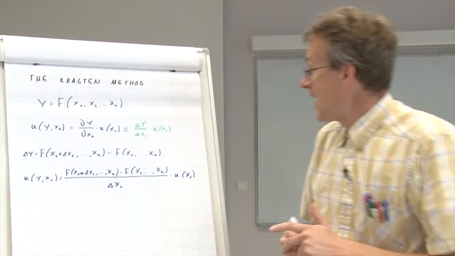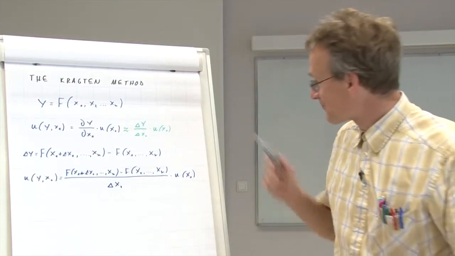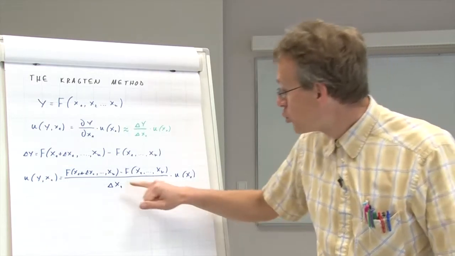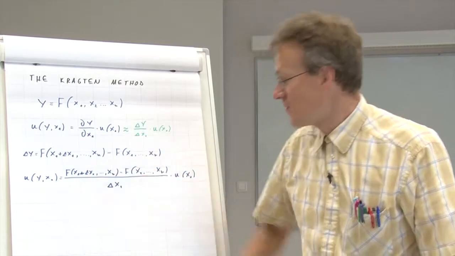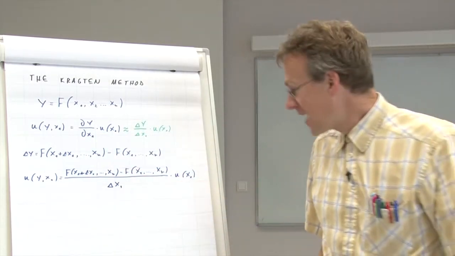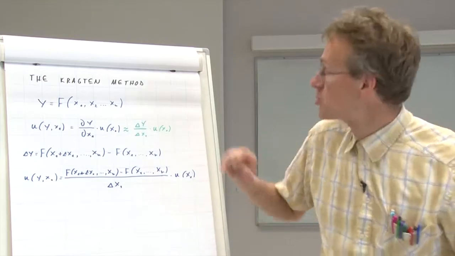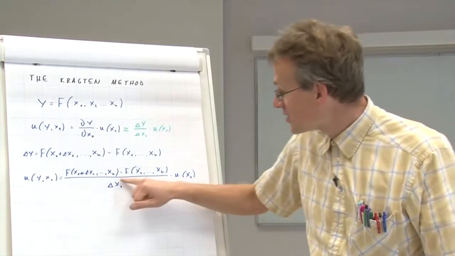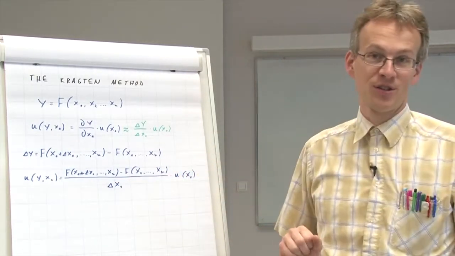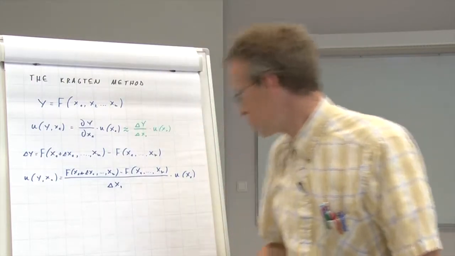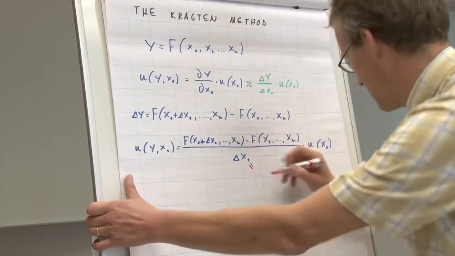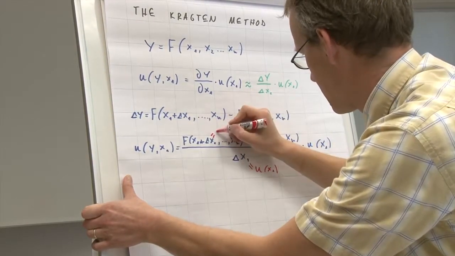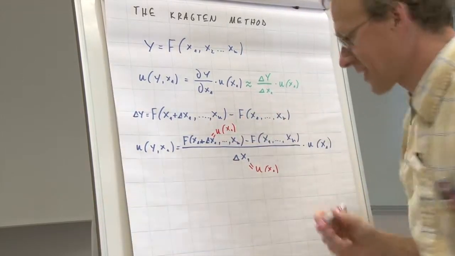An important thing in numerical calculation of partial derivatives is how we choose which value of delta we use here. What Kragten proposed, and this is why this method carries his name, is to take the delta equal to the standard uncertainty of this input quantity, so that we can use it like this.